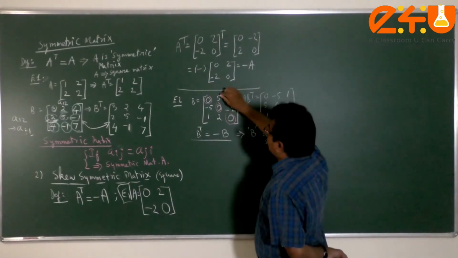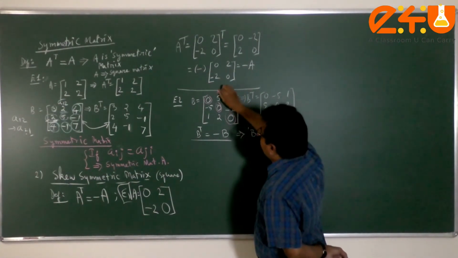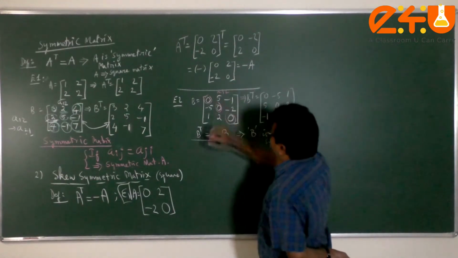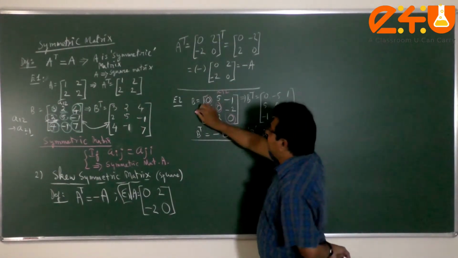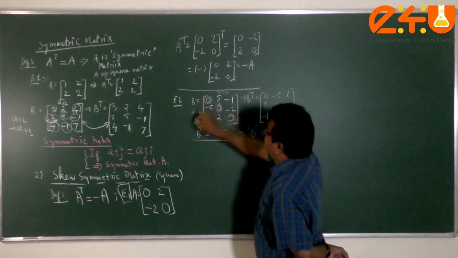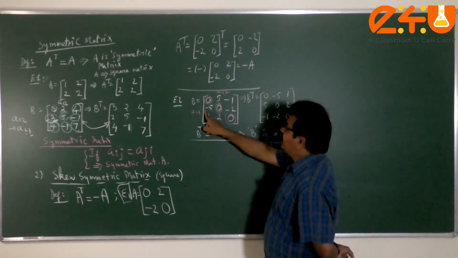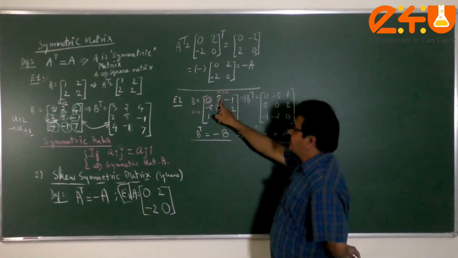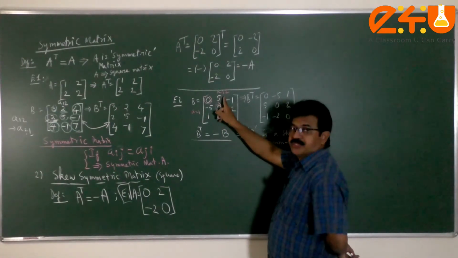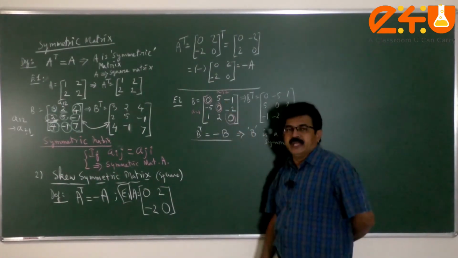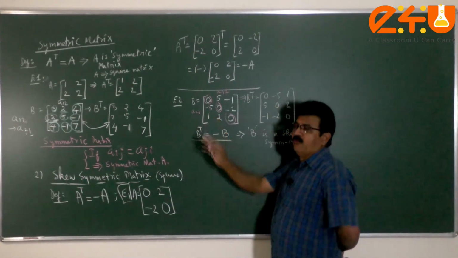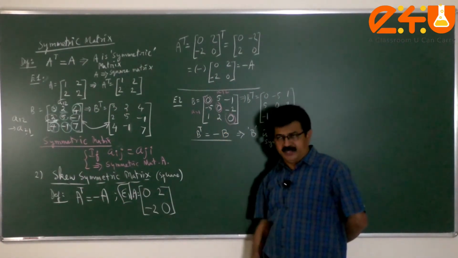When I filled the A21 position, I filled it with the negative of that entry in A12. The entry in A12 is positive 5. The entry at A21 position is negative 5. This is how I have done it, and it is pre-planned.